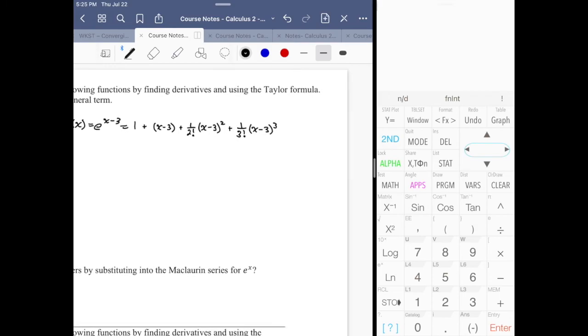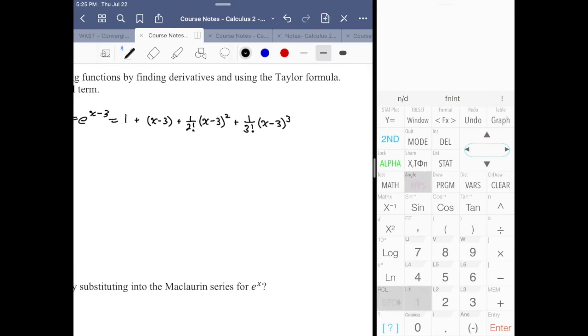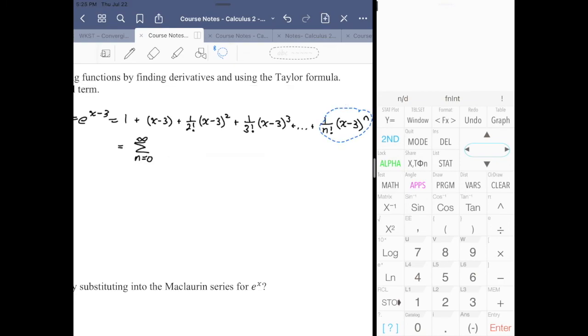It had no bearing via the chain rule on anything. So we're looking at 1 plus dot, dot, dot, 1 over n factorial x minus 3 to the nth. So this is going to be my summation, n equals 0 to infinity, and it's really just this expression.